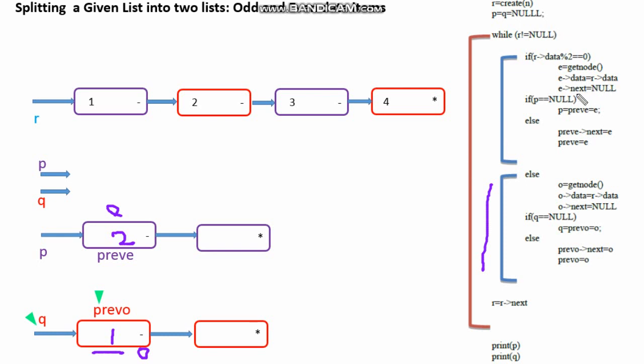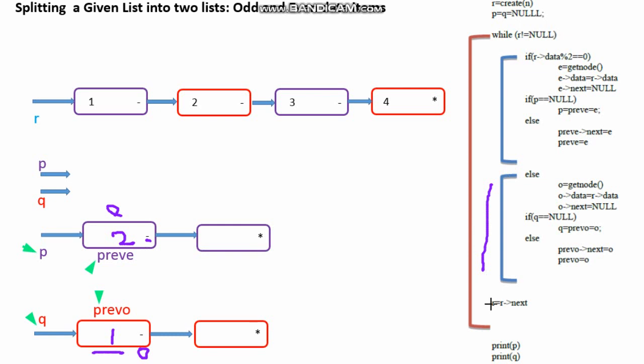E of next equal to null, so this becomes null, and P equal to null, which means it's true because it's the first time. So just similarly the same operation takes place. P gets a pointer, previous gets a pointer, this 2, and that is my E.